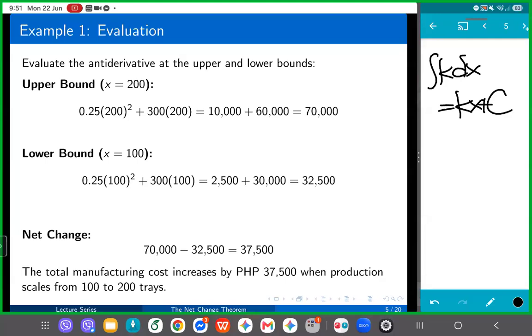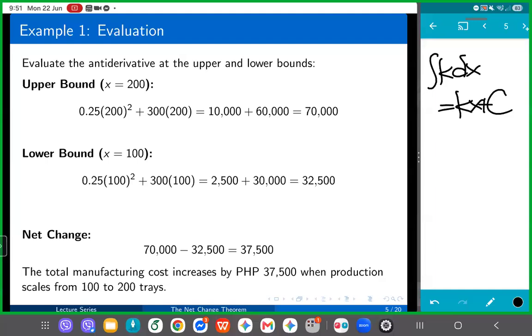Let's say I'm spending some amount now to manufacture 100 and I want to manufacture 200. I will have to add to my budget 37,500 pesos when production increases from 100 to 200 trays. In other words, it's as simple as integrating the derivative really.